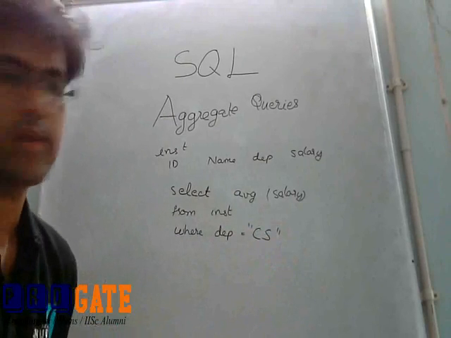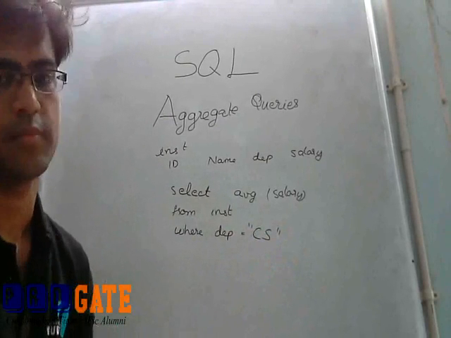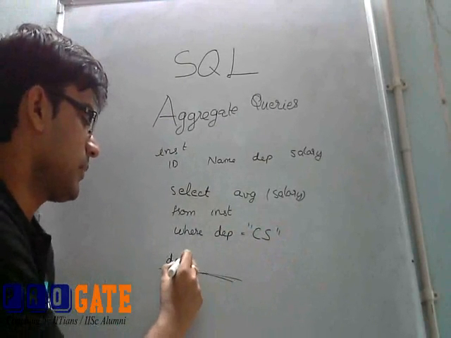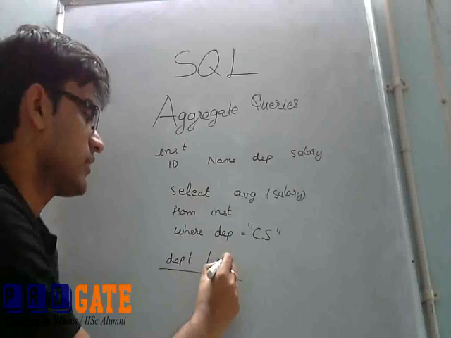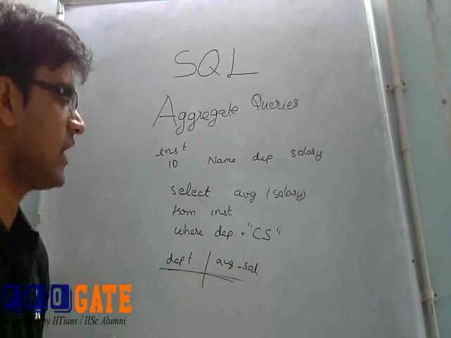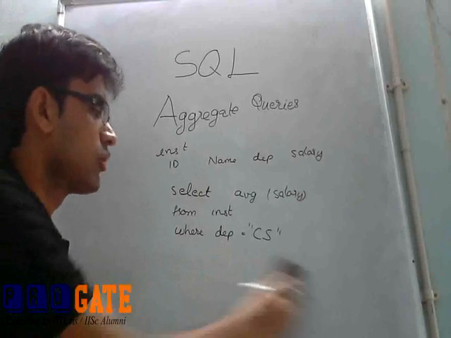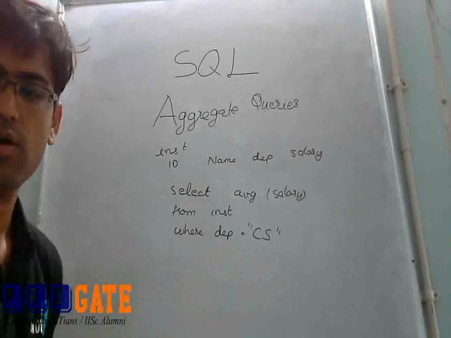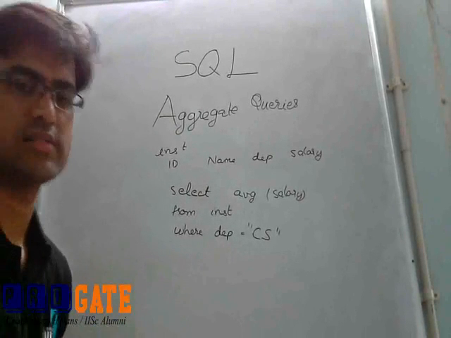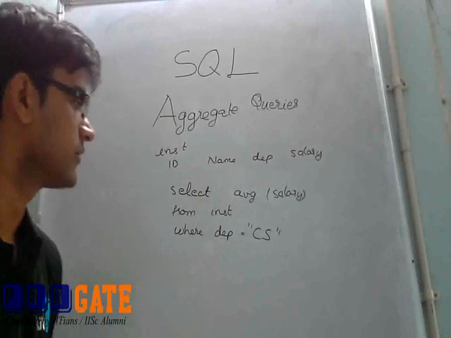Now let us say we want the average salary of all the departments. So we want the result to look like department and average salary. In this case, we will first have to group all the departments separately and then select the average salary of each of the departments.